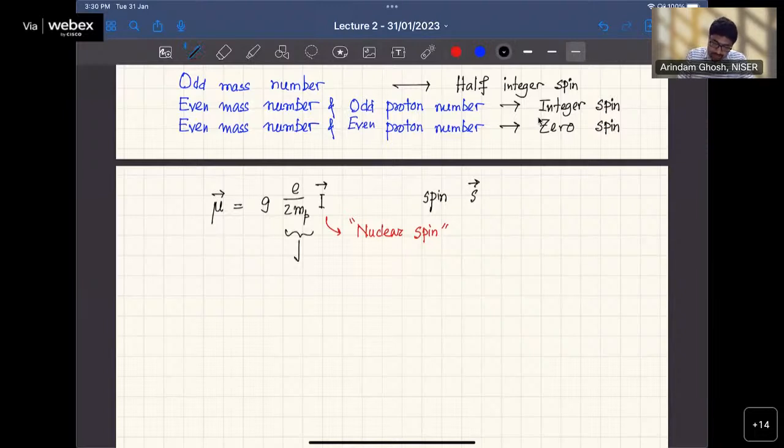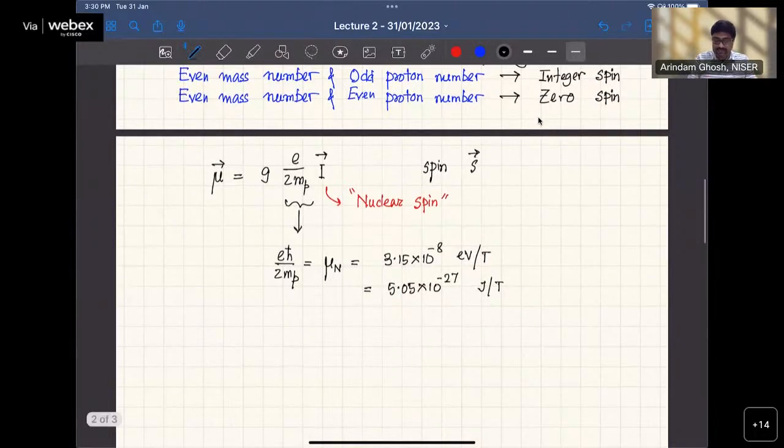Just before, we had the Bohr magneton; this is something called the nuclear magneton, defined this way, e h-bar over 2 m_p, and it has a value of something like 3.15 times 10 to the power minus 8 electron volt per Tesla, or this can also be written as 5.05 times 10 to the power minus 27 joule per Tesla, just for the values. But the important thing is that this is called a nuclear magneton. The only things changed are the mass of the proton and this g. And now the g can have different values.